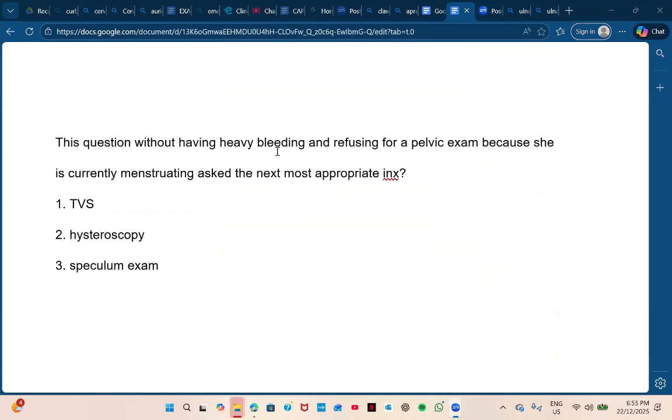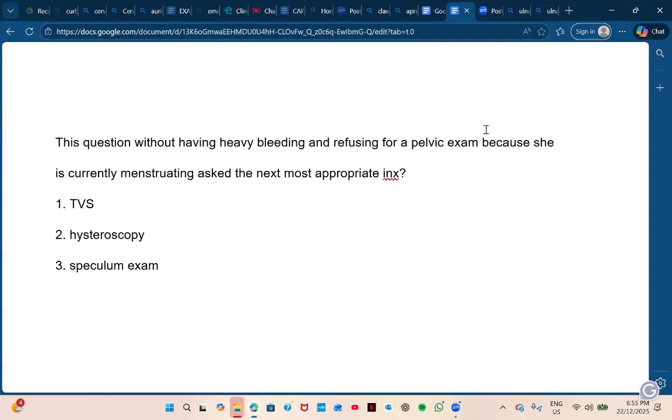This question: without having heavy bleeding and refusing a pelvic exam because she is currently menstruating, ask for the next appropriate management. We don't know the scenario, the stem, the disease, or any symptoms.